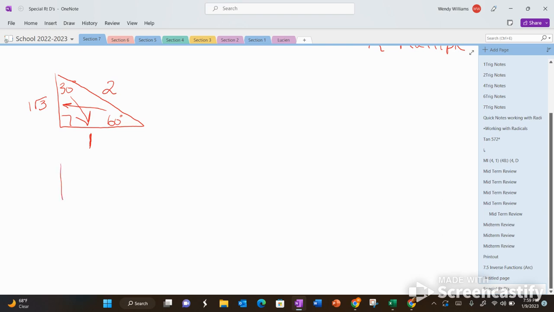Now, let's say we have another triangle that gives us an empty measure. Let's say we know that this is 10. And we want to find x.